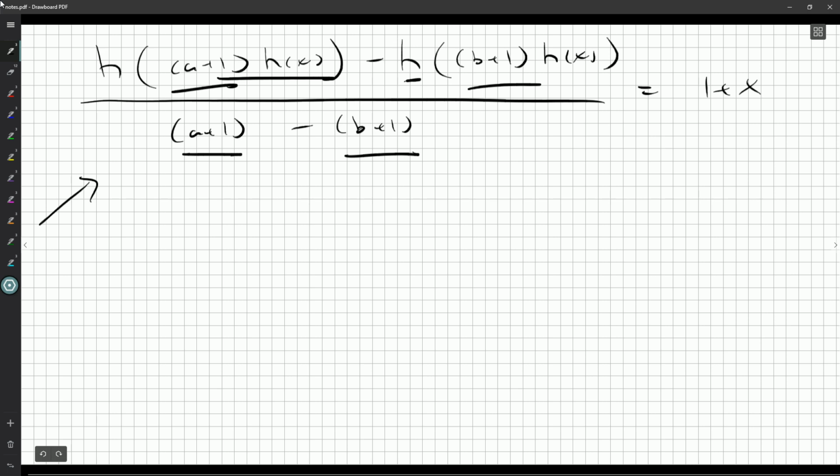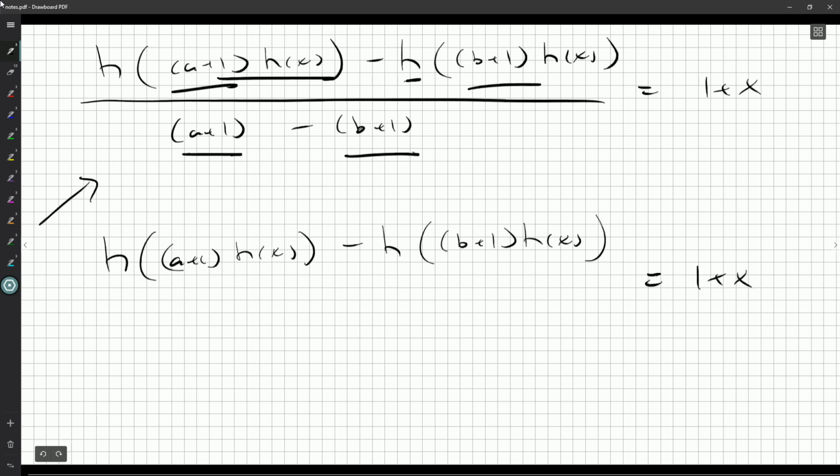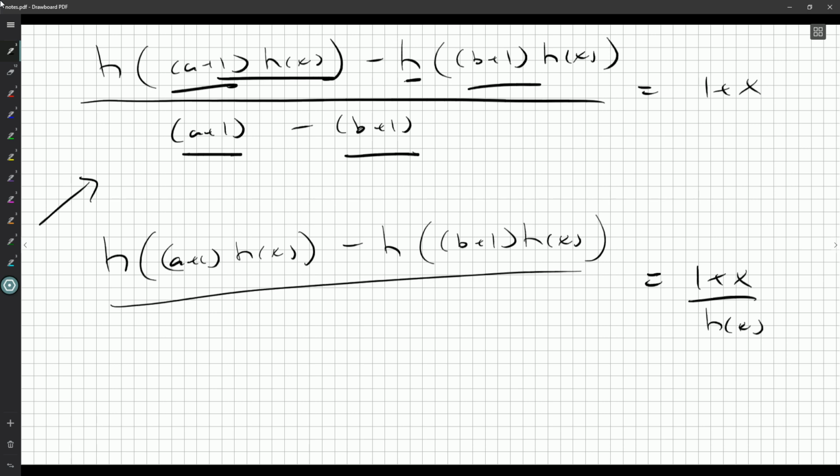But that can be remedied by dividing both sides by h of x. And so we might be able to show that any h that satisfies this must be a line. And that would certainly narrow things down, just like showing that any h that satisfies those properties must be increasing would also be a nice thing to do.